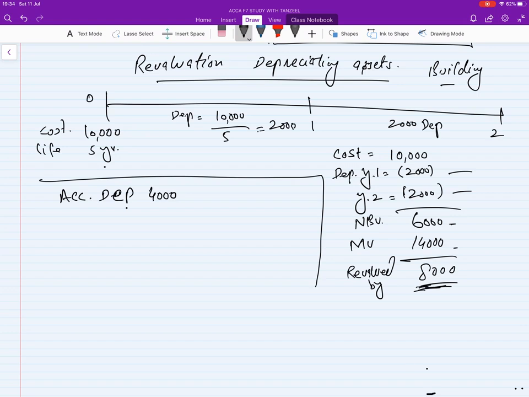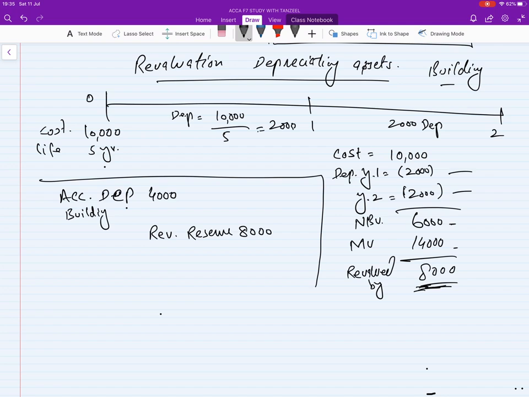and it was being revalued by 8,000. It means revaluation reserve will be 8,000. You will have 8,000 in your reserve, and because if there is no balance, whichever side, debit or credit, has a difference, just put the asset in it, because it was being reduced or increased because of the building.